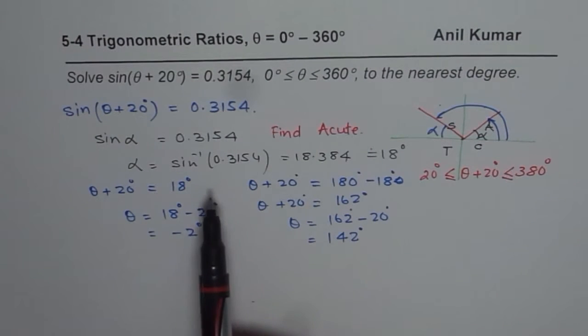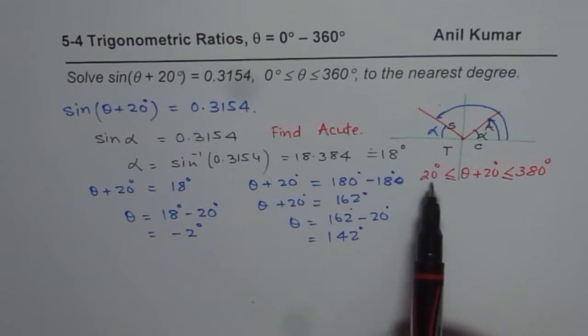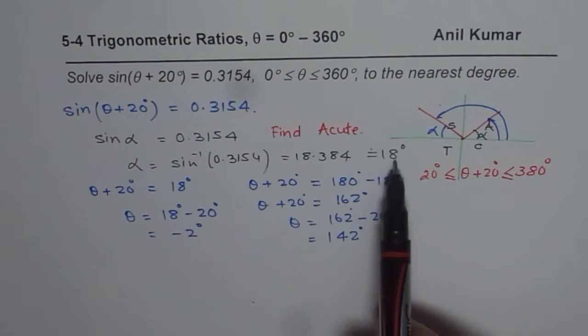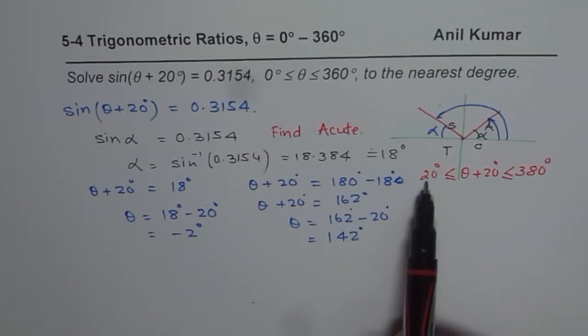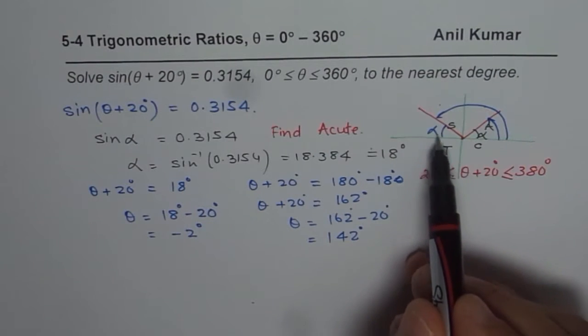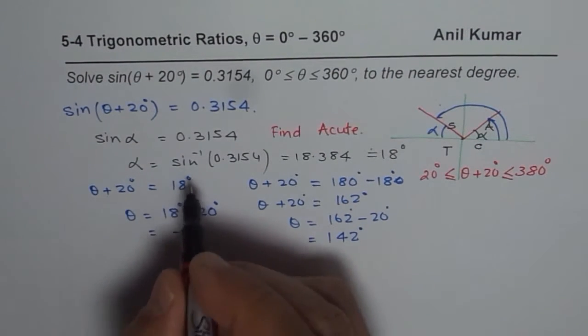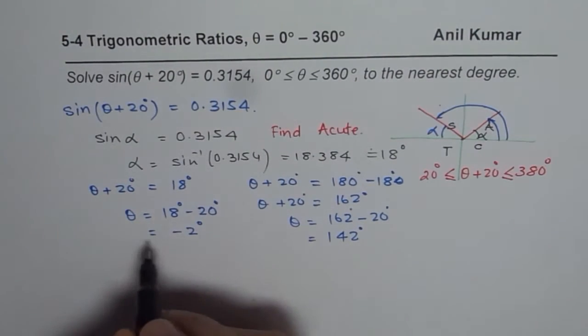So as soon as I get this answer as alpha as 18 degrees, 18 is not in my domain, right? So for that angle, I have to consider an angle which is more than 20 degrees, which I could have got by adding 360. You understand? Therefore, I should recalculate this by adding 360, right?